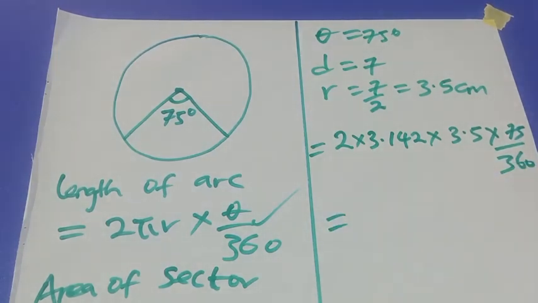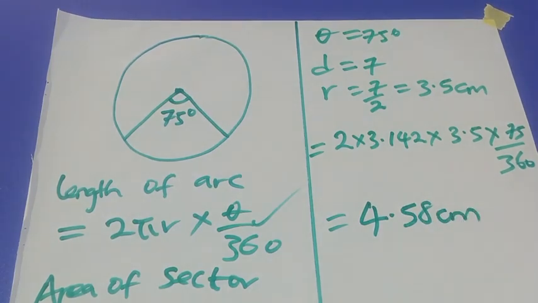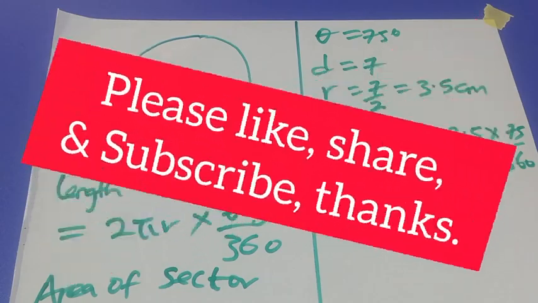So if we use our calculator, we are going to have our final answer as 4.58 cm. Please note all these formulas. Remember your circle theorem and your circle geometry is very, very important.